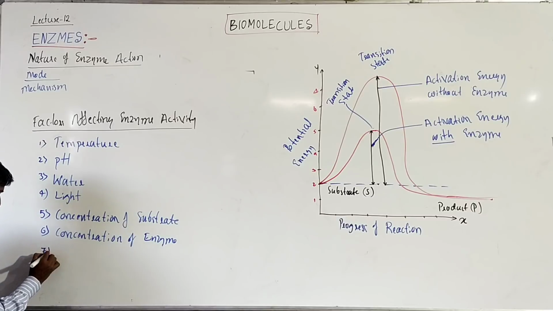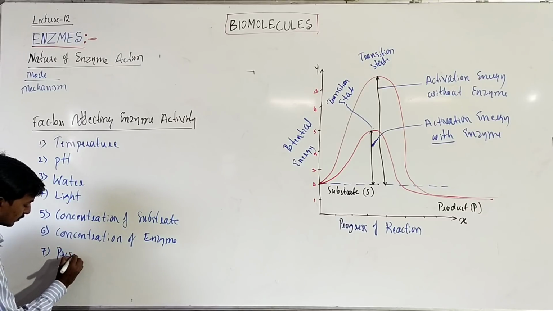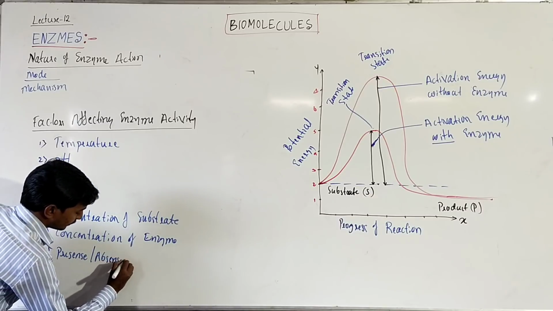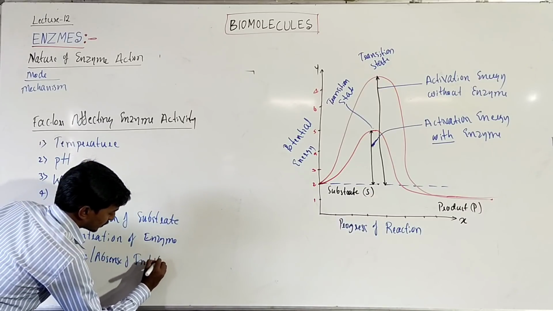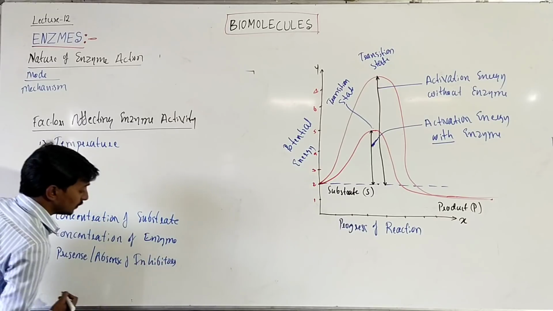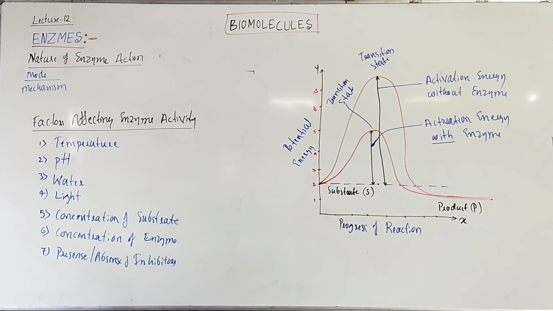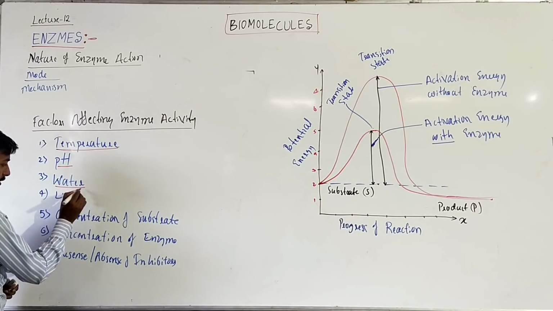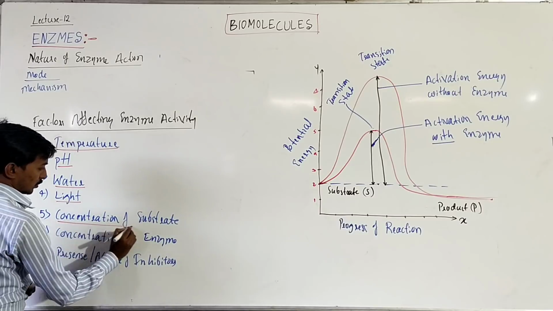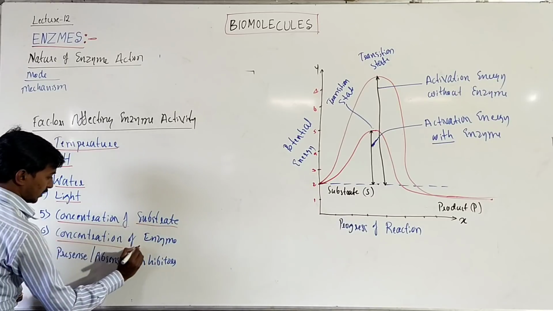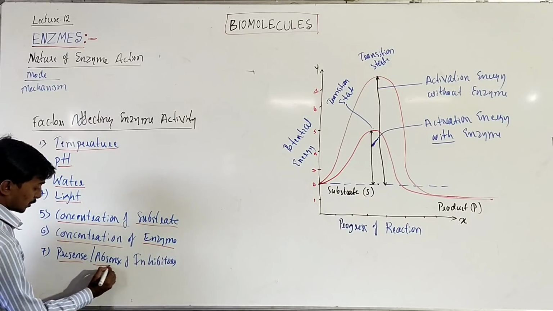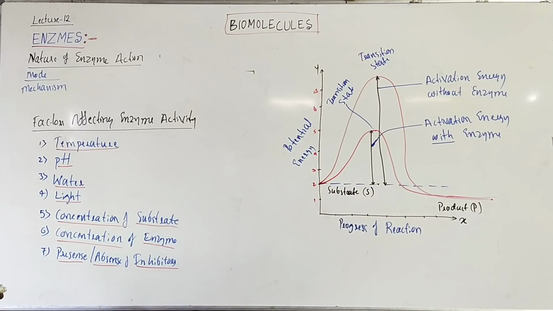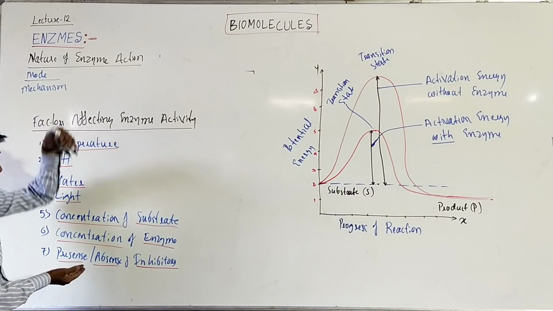Lastly, we have a presence or absence of inhibitors that affect the enzyme activity. Okay, so temperature, pH, water, light, concentration of the substrate, concentration of the enzyme, presence or absence of an inhibitor also affect the enzyme activity. This we will discuss in tomorrow's class.